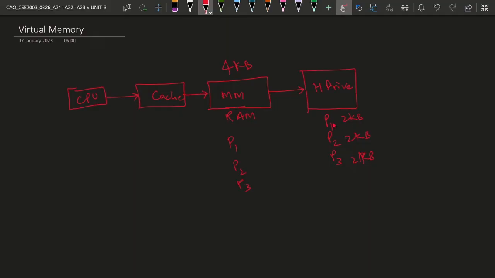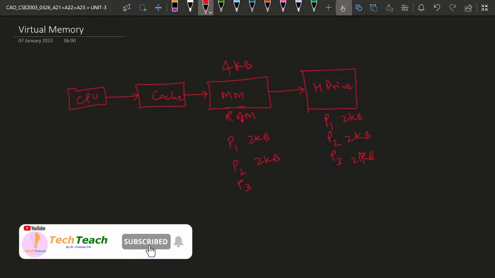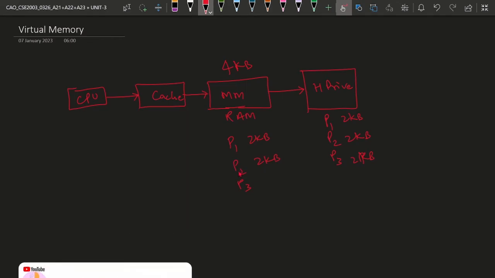If we want to access P1, then P2 and then P3, P1 of 2 KB is stored into the RAM. Next, P2 can be stored into the RAM. In terms of P3, once we are going to store P3, because the RAM is full, it has to remove one of the processes so that P3 can be accommodated.